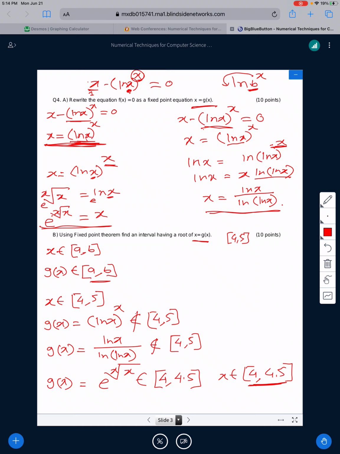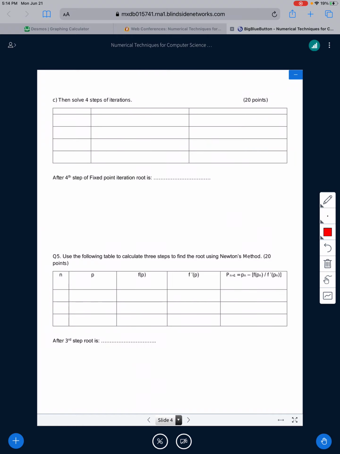Now we are going to use this rule to find the root using the iteration. Okay, so what is my root then? x is equal to e to the power x root of x. So we are going to use this one. I'm starting with n equal to 1.